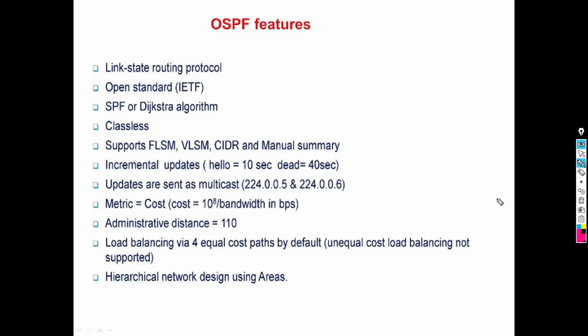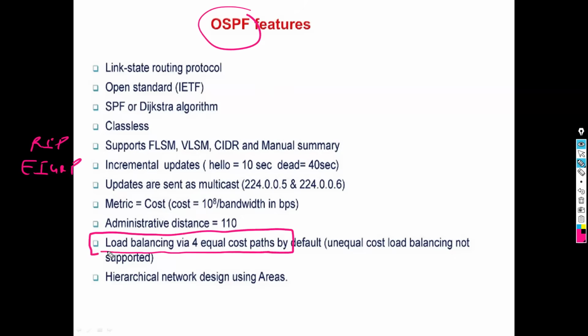Now the RIP protocol, EIGRP protocol, and OSPF protocol support the equal cost load balancing technique. What is equal cost load balancing? For example, I have an R1 router, R2 router, R3 router, R4 router.